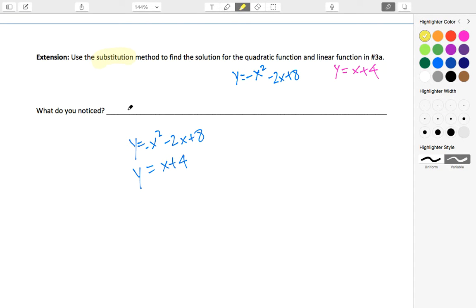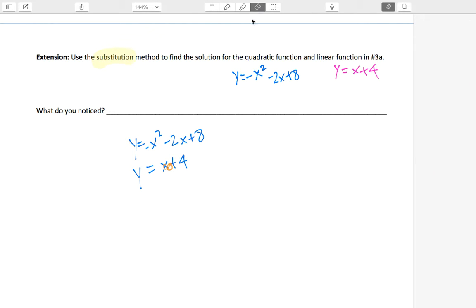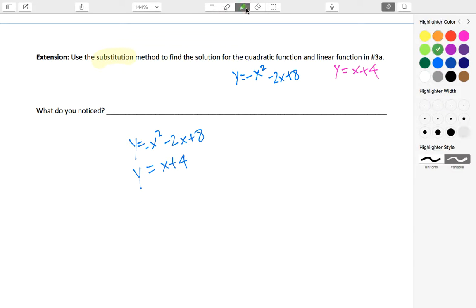Okay, and we can do that by substitution. Now, we're going to do the same process that we've done in class before, where if y is equal to x plus 4, then we can substitute that y into the first one.